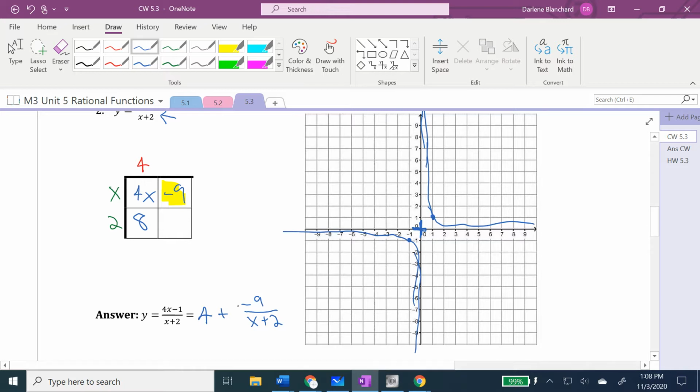Then, what happens when I multiply by -9? What does that cause, very importantly, to happen? So the parent graph is in quadrants 1 and 3, but when I multiply by the -9, it's going to move to being in the other quadrants 2 and 4.